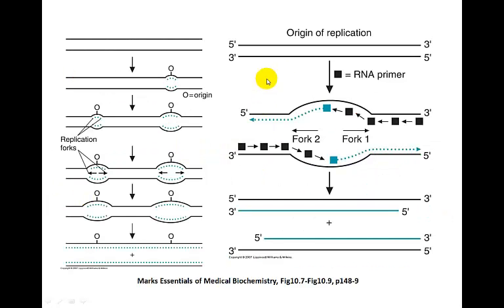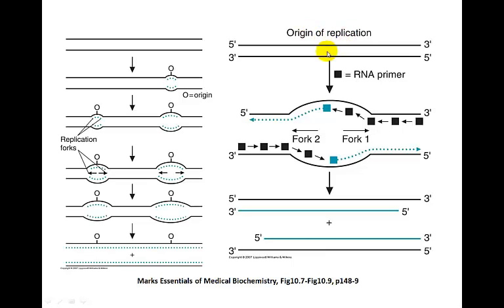So let's talk about replication in eukaryotes. And now we're looking at replication from a larger point of view. So now we will look macroscopically at replication, and we start our replication at what is called an origin of replication.